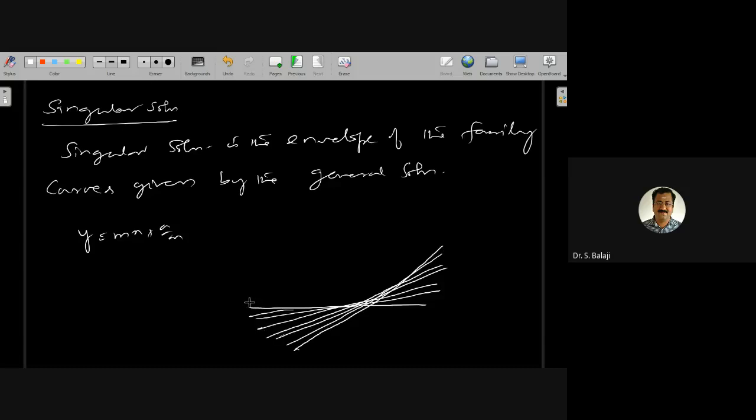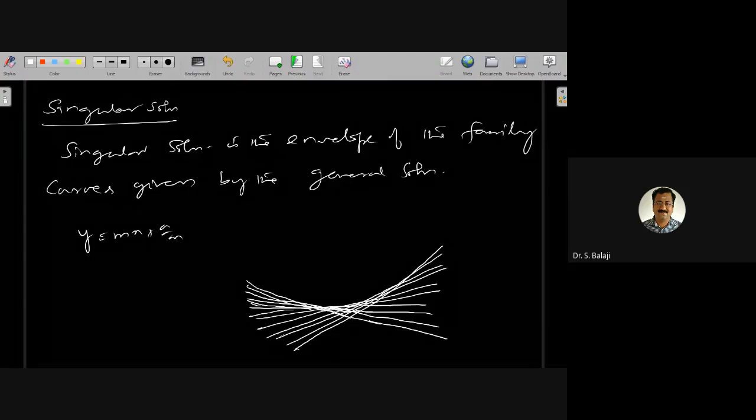Now, if you draw this family of straight lines with different slopes from the general solution, like this, and then draw many more straight lines, not only this way, you see that at one stage you can get a curve like this.